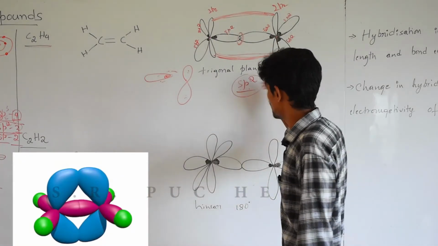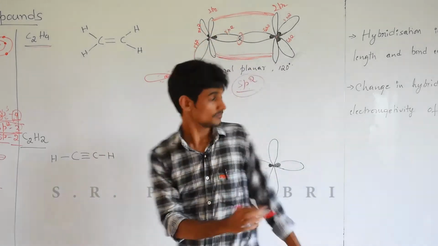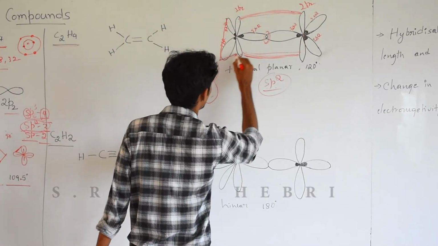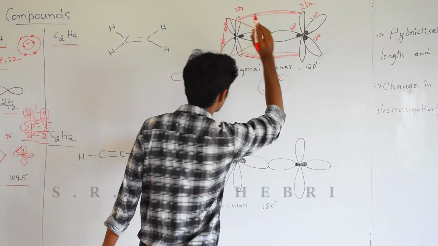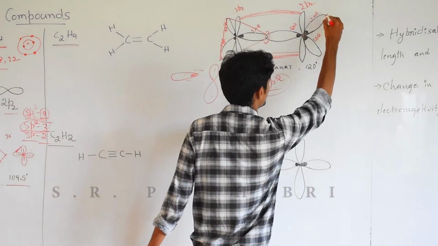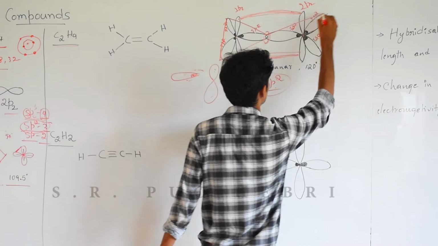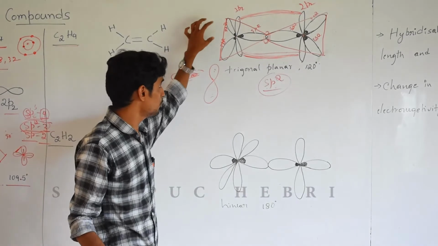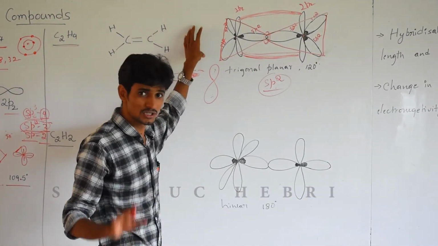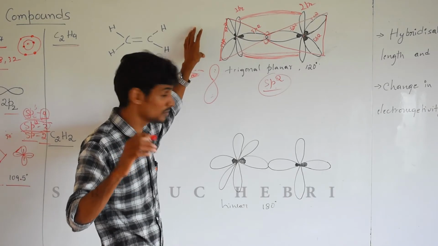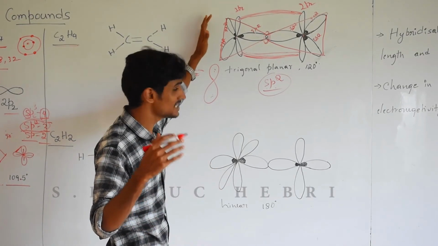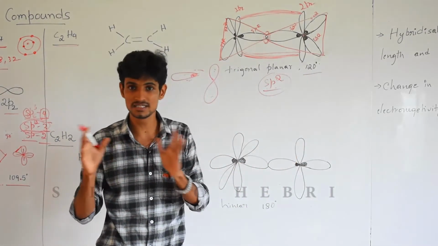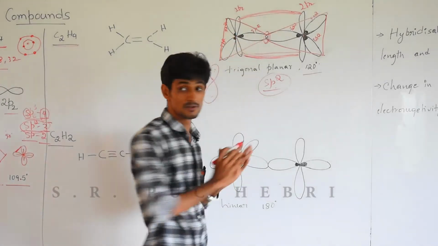Now if I draw lines between these hybrid orbitals, I will get a triangle here, and here also this is a triangle. When we have three orbitals, they can be at the maximum distance from each other at 120 degrees.